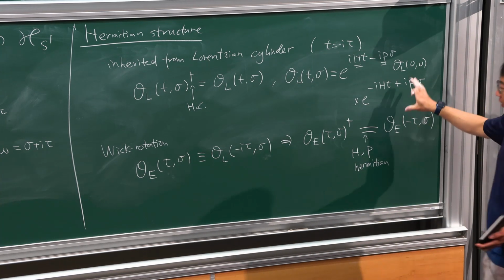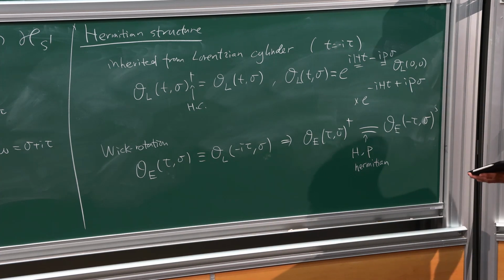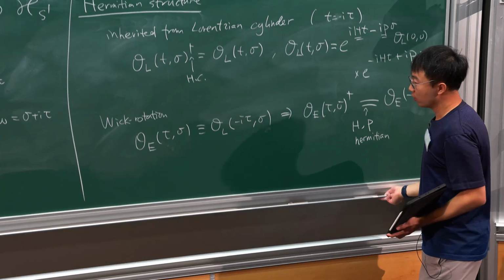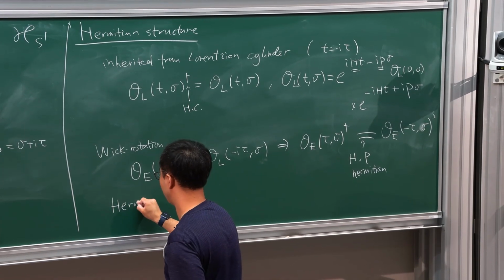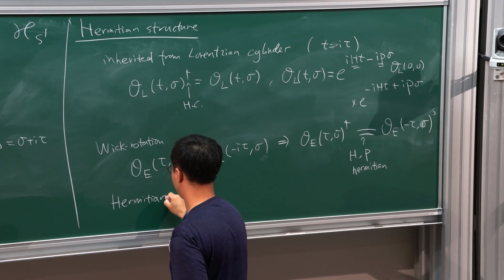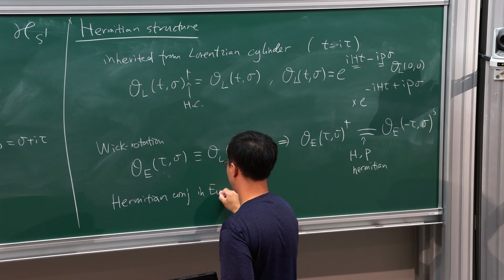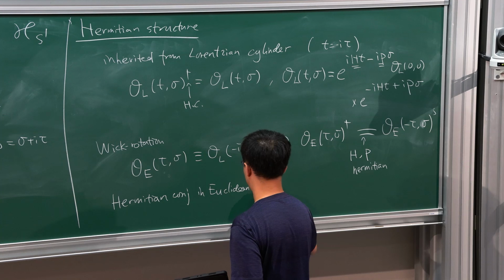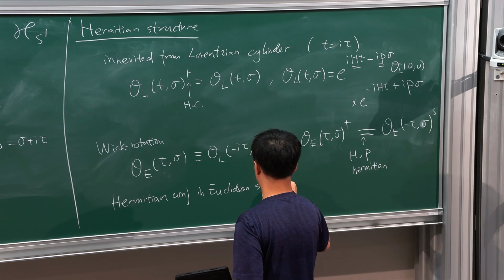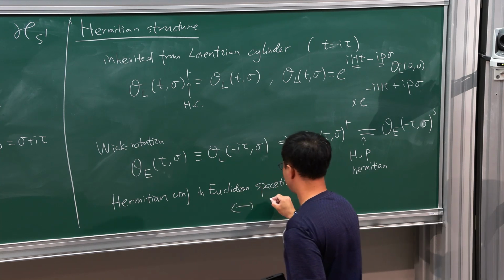This comes from taking the Hermitian conjugate of the top expression. So the upshot of this discussion is that Hermitian conjugation in Euclidean spacetime involves a time reflection.